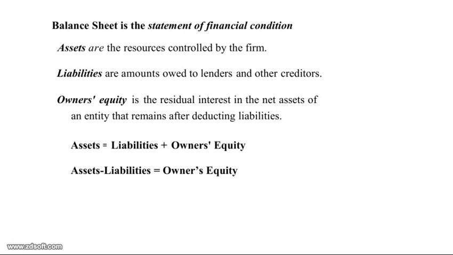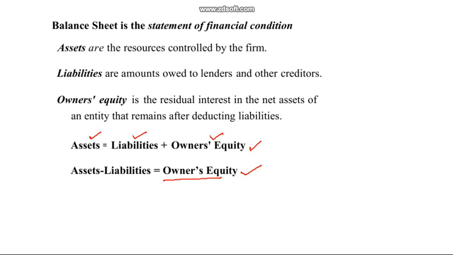See here, the relationship among the three parts of the balance sheet, assets, liabilities and owner's equity, is expressed in this equation. Assets is equal to liabilities plus owner's equity. When you want owner's equity, it is equal to assets minus liabilities. Okay, assets minus liabilities.